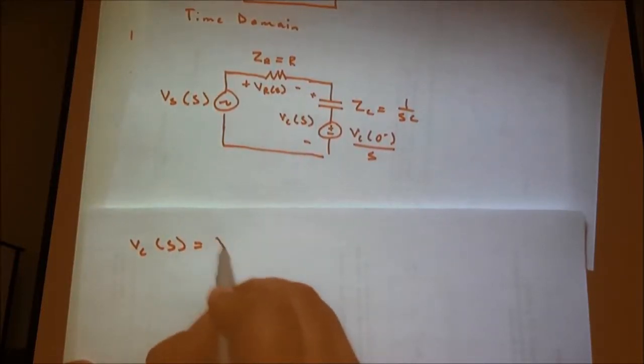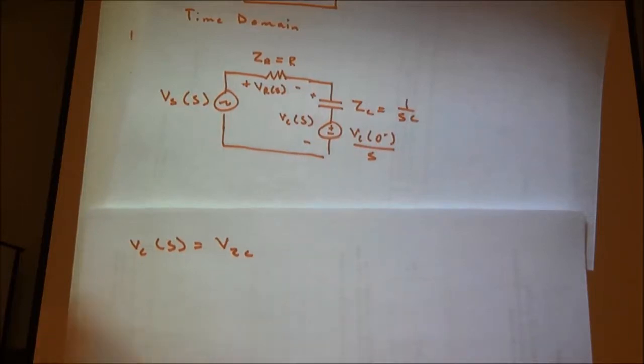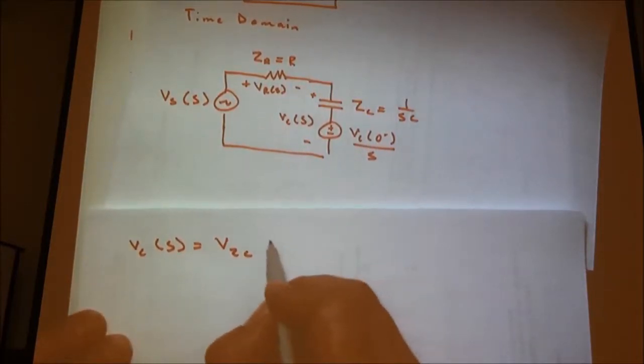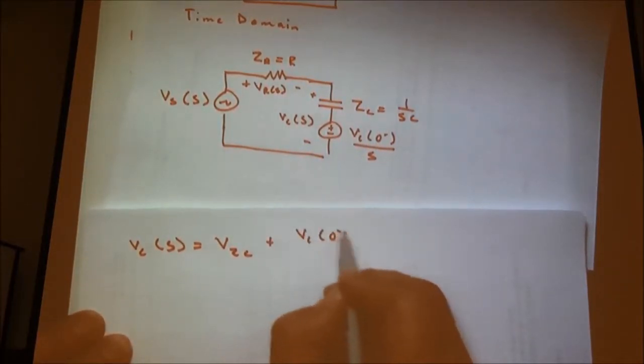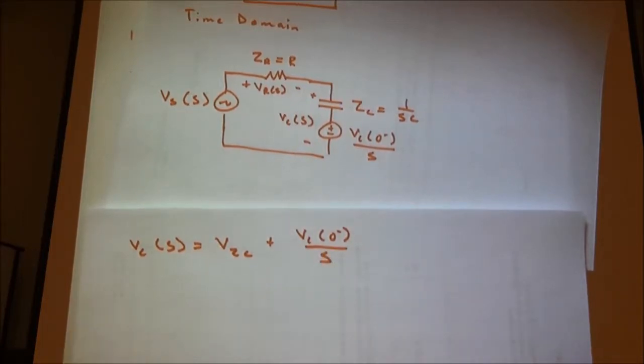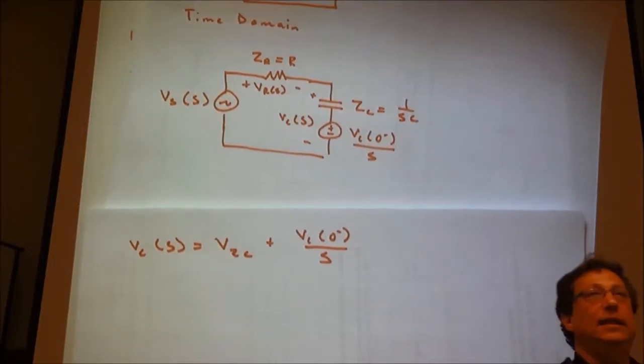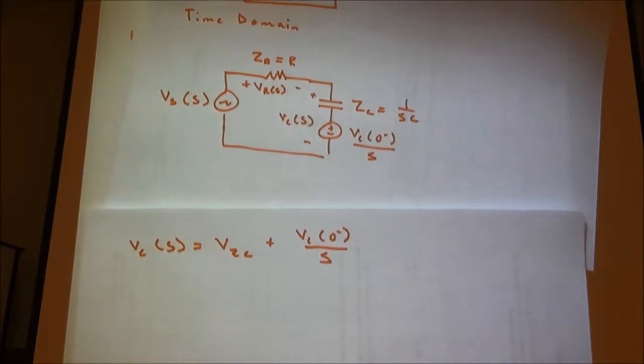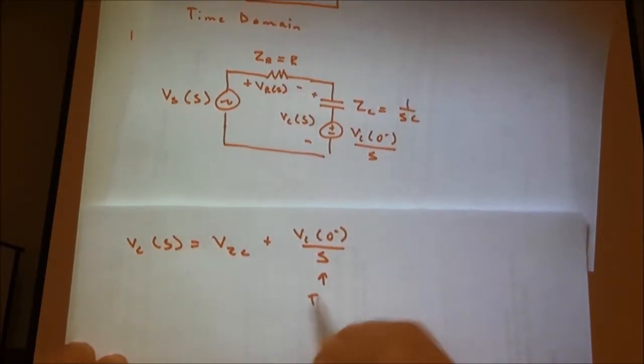Well, in some sense, we can write VC of S equals VZC, plus VC(0-) over S. That's the initial condition source term, plus the voltage drop across that ZC impedance, the voltage drop across this guy.